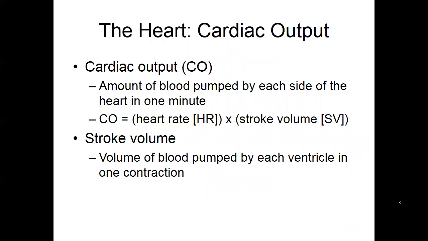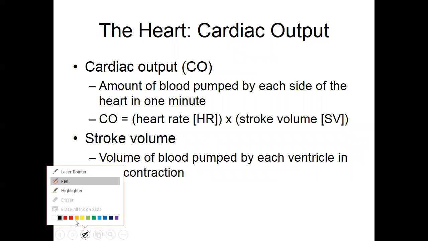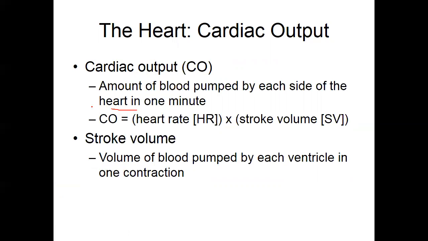Cardiac output. This is another one of those things where you would need to remember a formula. It's not a complicated one, but I know I've said it multiple times. Cardiac output is heart rate times stroke volume. That will be something you'll have to know. As simple as it seems to figure out a cardiac output, it's heart rate times stroke volume.